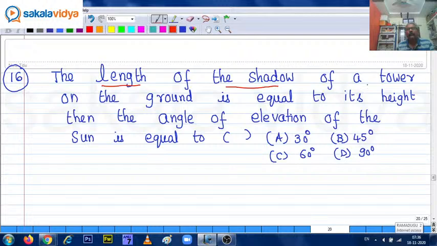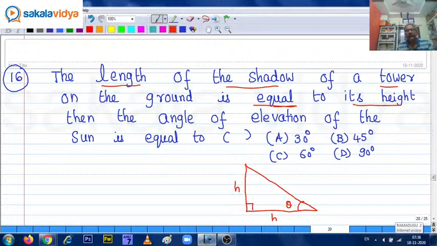Length of the shadow of a tower on the ground is equal to its height. This is very important. For example, this is a tower and this is its shadow. Suppose this is H, and the shadow is also H. Say the angle is theta.